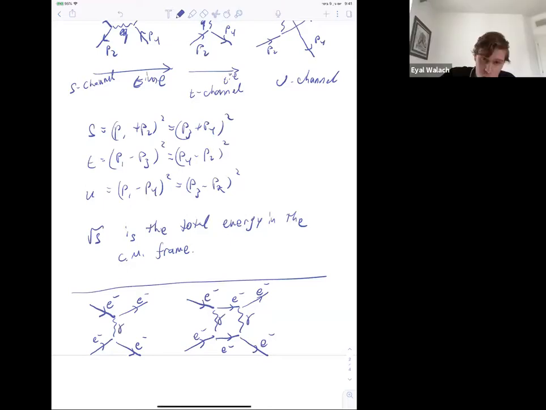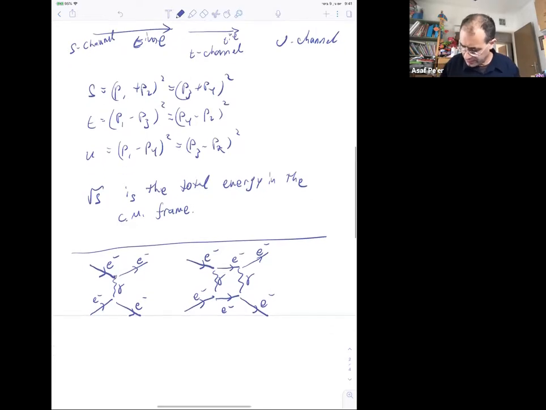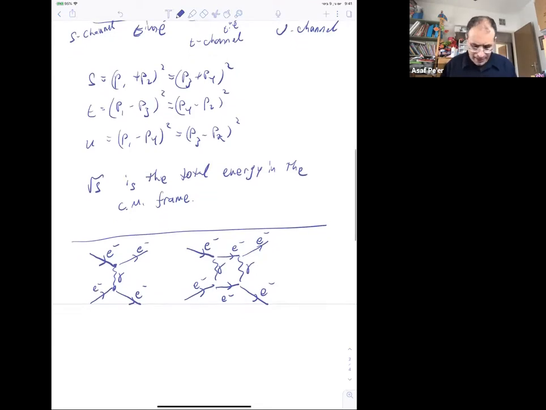Right? So really we have to sum up over all possibilities, and there are infinitely many of those. But fortunately for us, since each vertex gives this coupling constant G, the quantum mechanical transition matrix element for the interaction, M, will be proportional to G squared. Here it will be proportional to G to the power 4 because we have 4 vertices, right?